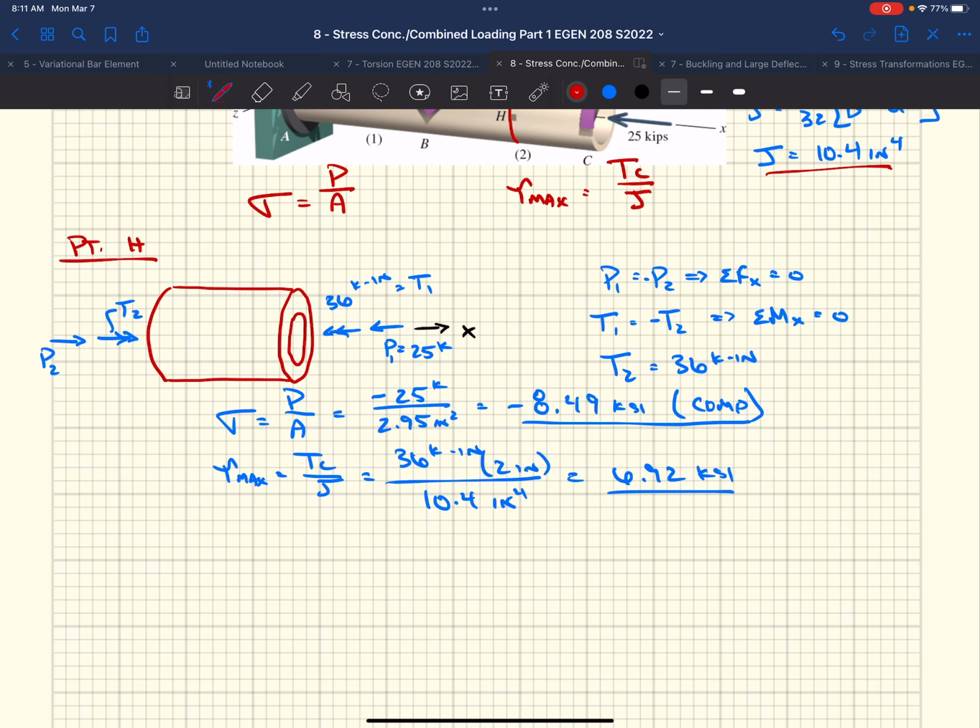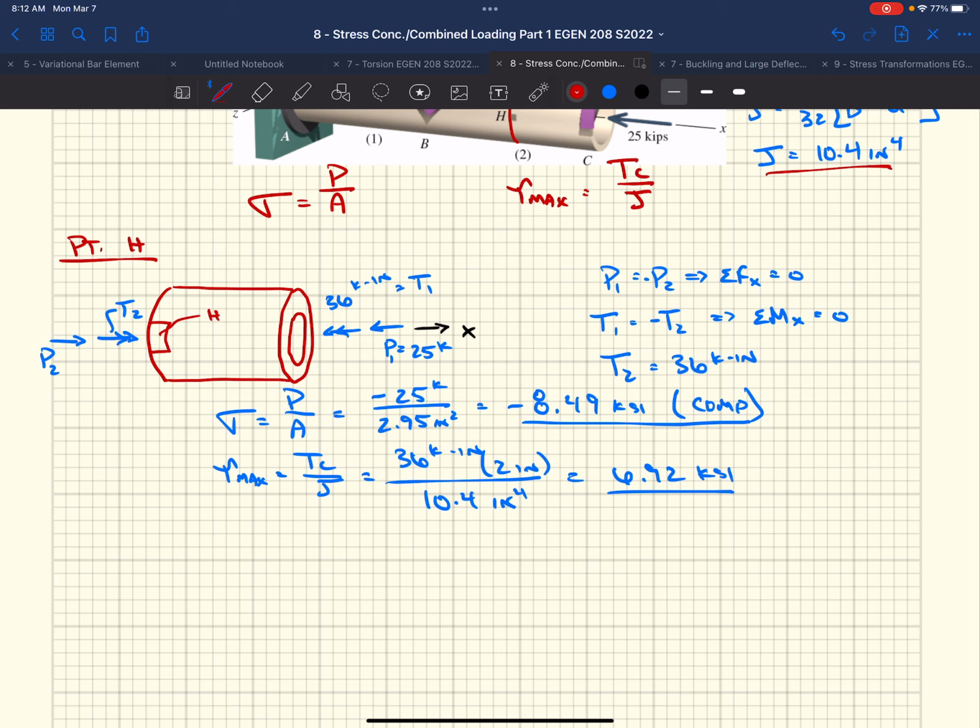So that's what's going on at point H, right? That was this little square H, right? We can figure out what's going on. We figured out the stresses acting at point H. Well, the force acting towards the surface, we know it's in compression, so it's negative.